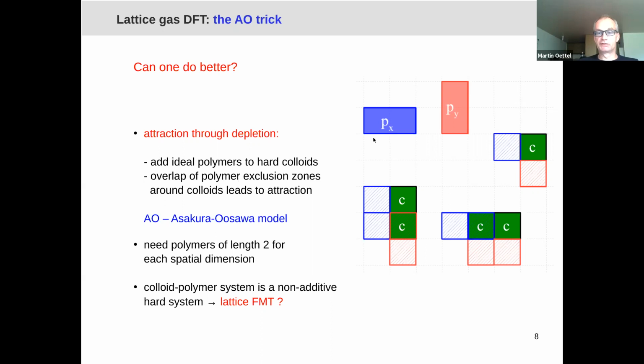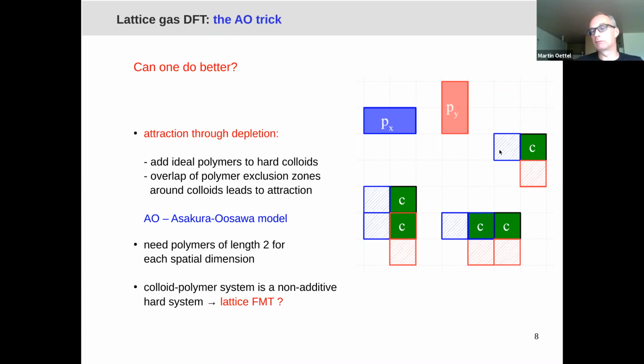And this is here an example in 2D. We add lattice polymers of size 2 for each Cartesian direction. And then actually the attraction between the colloidal particles, the green particles, comes about. For each colloidal particle, there is an exclusion zone where the polymers can't be. So the blue PX polymer can't be here on that spot where the colloid is itself and on the leftmost spot.